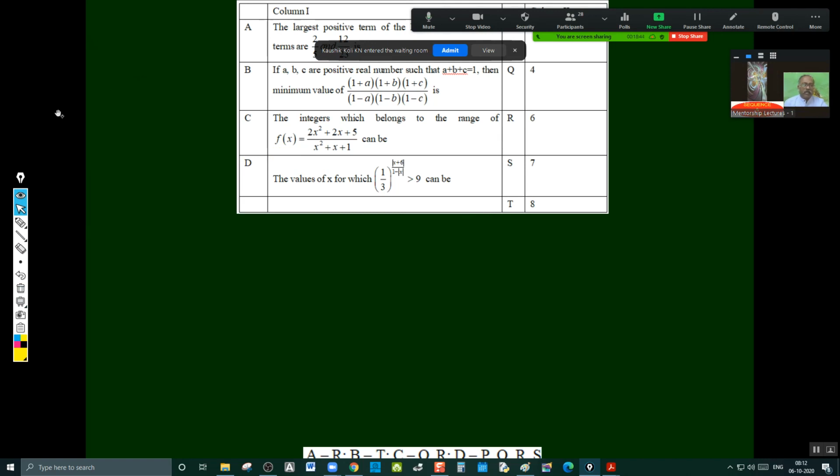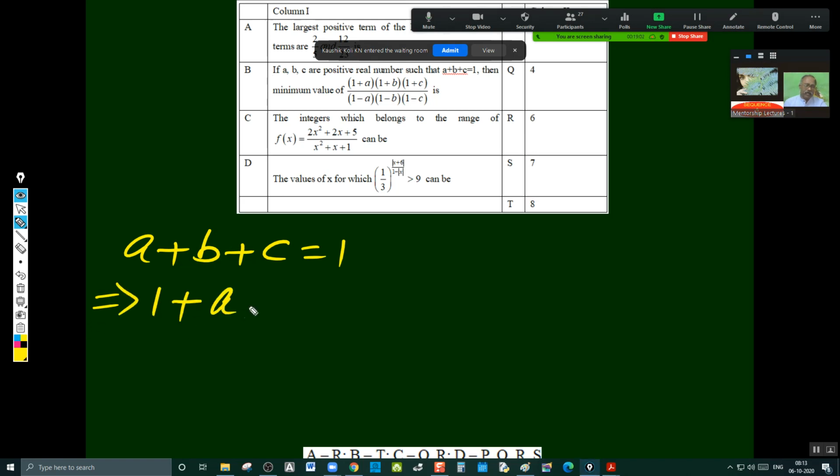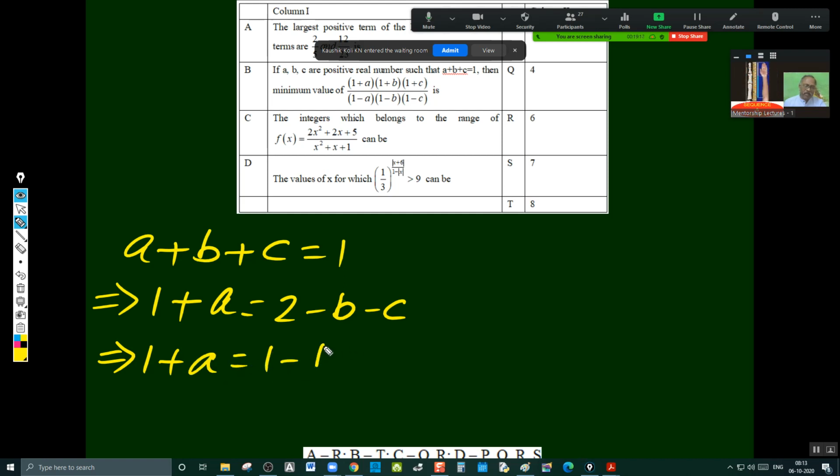You are given A plus B plus C is 1. Let us write this in this way. 1 plus A is equal to 2 minus B minus C, with 1 added on both sides. And thereby, I can write this as 1 plus A is equal to (1 minus B) plus (1 minus C).